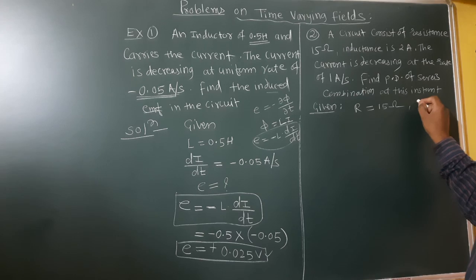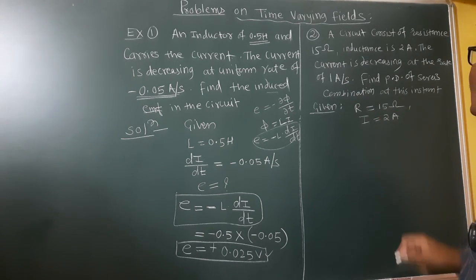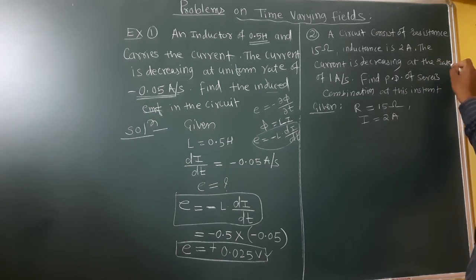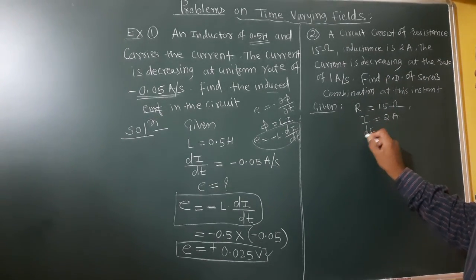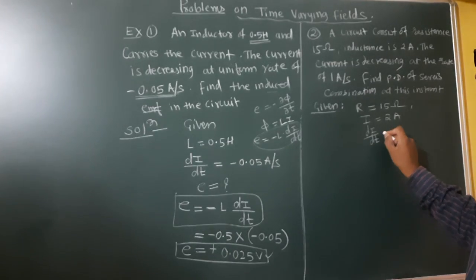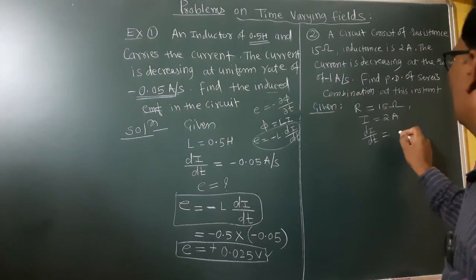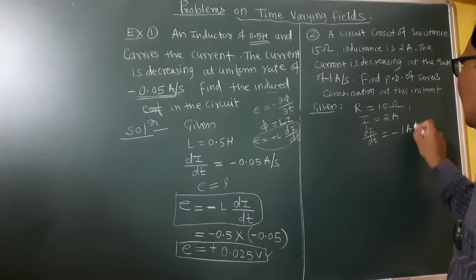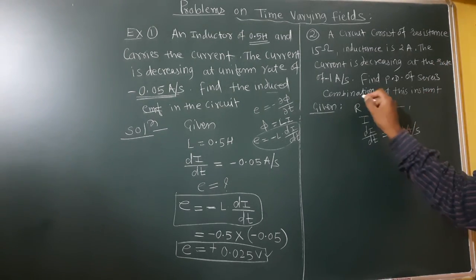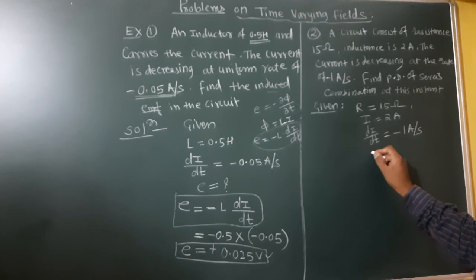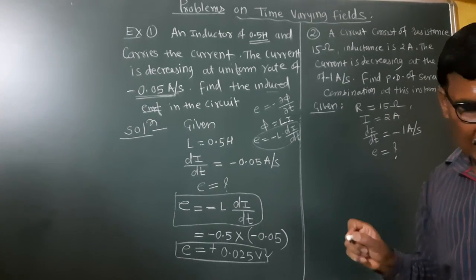The current is decreasing at the rate di by dt equals minus 1 ampere per second. Find the potential difference in the combination, that is, we have to find E in the circuit.